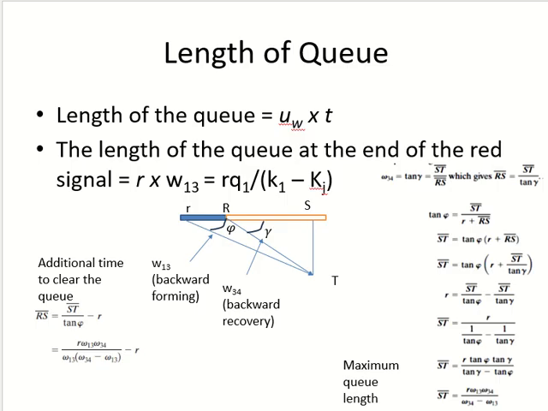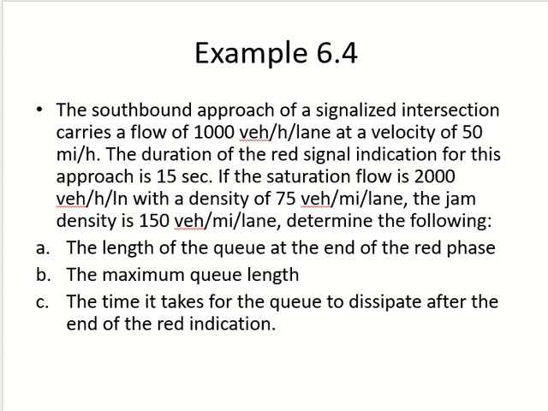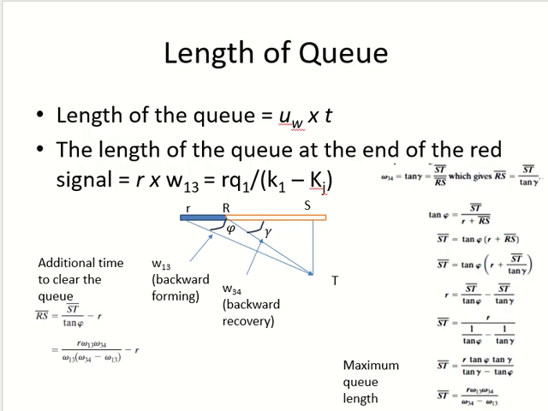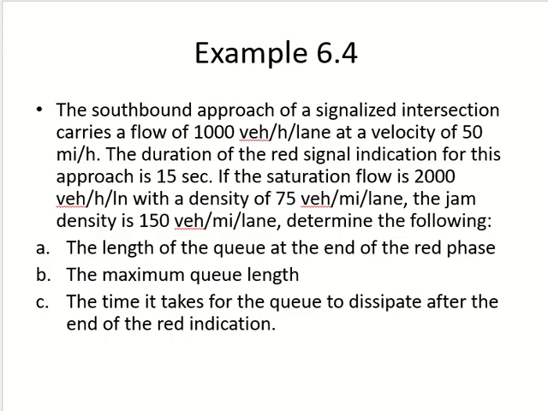What caused the shock wave? The signal, right? So what is the flow before it reached the signal? 1000. So we know Q1. K1 is again the density before the shock wave, before the signal became red. Did they give me the density?